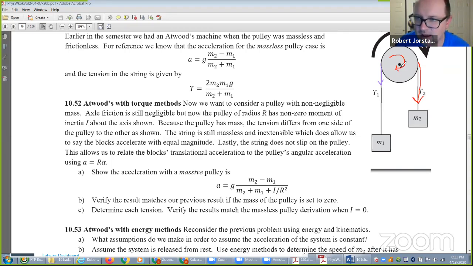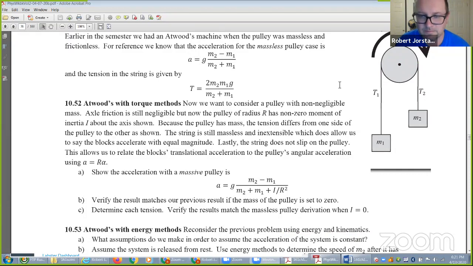It's staying right there in the middle, right? So in this particular case, we don't need to worry about alpha being non-constant. This one should actually accelerate at a constant rate. That's why we can do this problem with energy and kinematics. Swinging motion, I think, is the only one where you can't use kinematics. All right, I've said that enough times today.